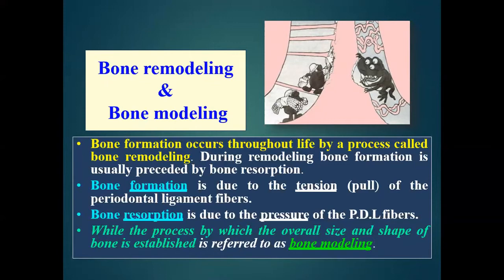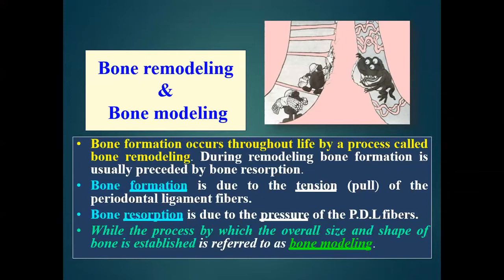So when there is bone formation, due to tension in the periodontal fibers, osteoblasts get formed and form new bone. But when there is pressure from the periodontal ligament, then the osteoclast will start forming and it will resorb the bone.